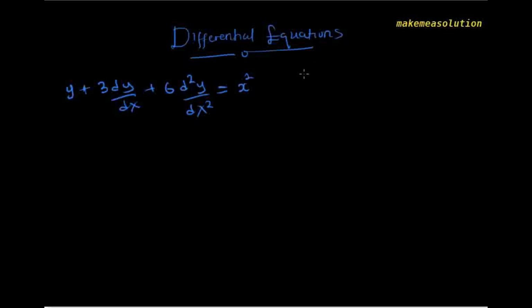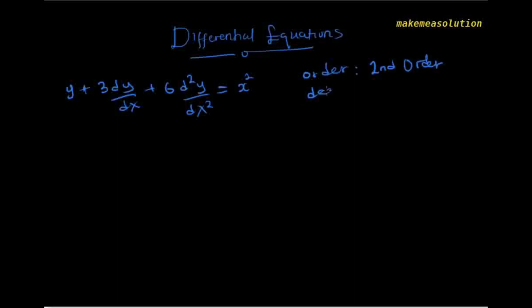So let's label this. Of course, what is the order of this differential equation? Remember what we said, it's the position of the highest derivative, and the highest derivative is occupying the position of 2. So this is a second order derivative, second order.